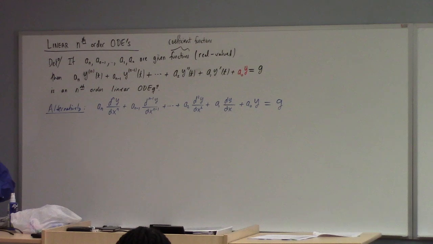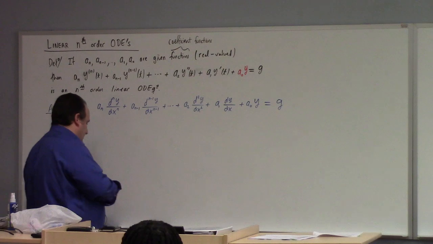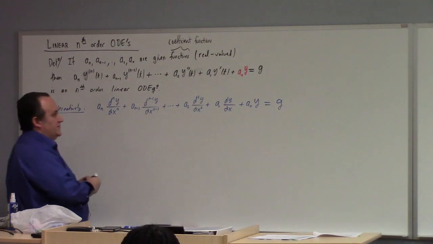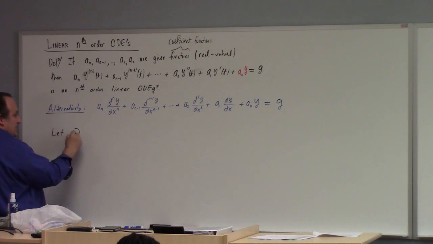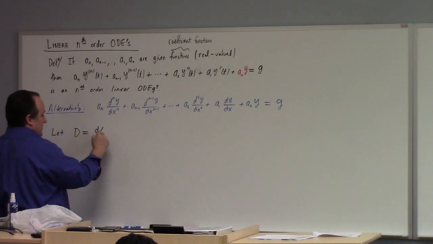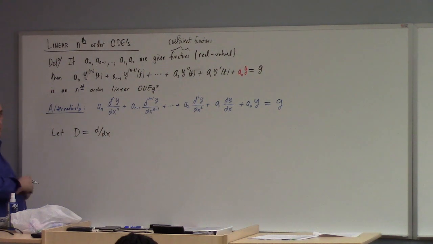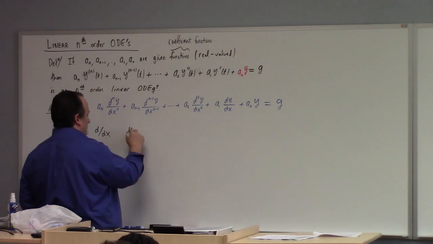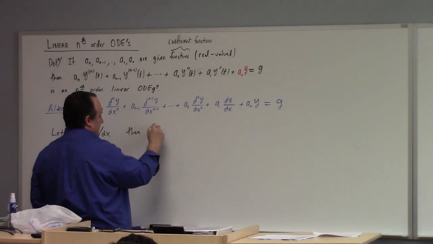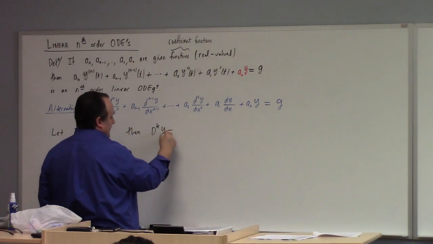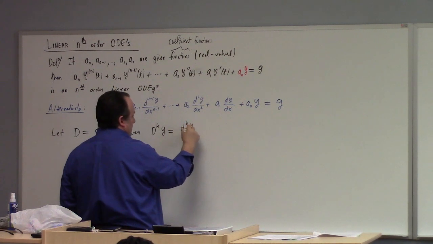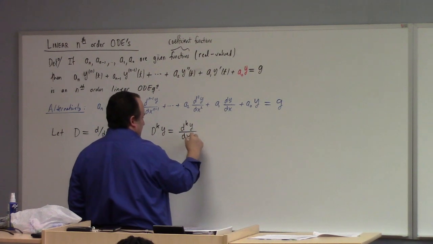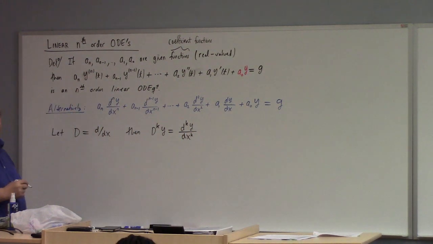And let me suggest yet another, even better notation for the linear nth order ODE. So we can use what's called operator notation. So let D equal the derivative with respect to x, for instance, right? Then we can use this notation, like D^k acting on y. That's a fancy way of writing the kth derivative with respect to x, right?